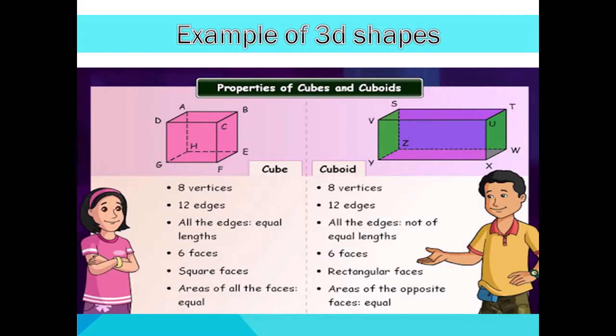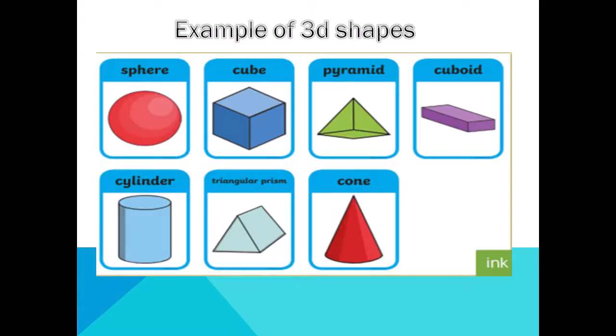In cuboid, 8 vertices, 12 edges, all the edges not of equal length, 6 faces, rectangular faces, area of the opposite faces equal. Here are some other examples of 3D shapes like sphere, cube, pyramid, cuboid, cylinder, triangular prism and cone.